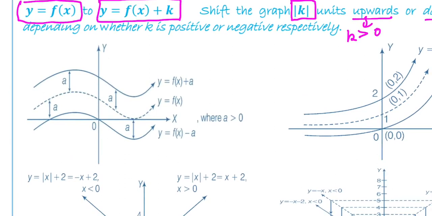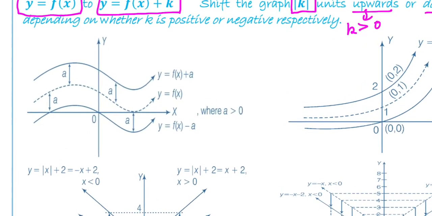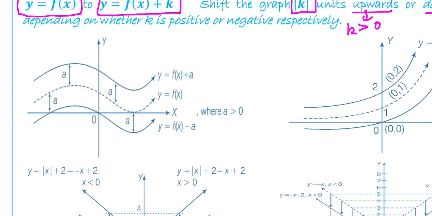Suppose this is the graph of the function given to us. We are talking about this graph over here, the function y = f(x). If we want to plot the graph of the function y = f(x) + a, where a is some positive number, then we have to move each point a units upward.